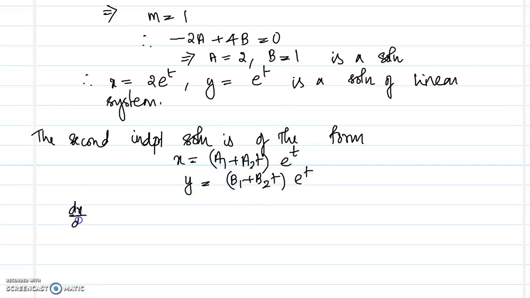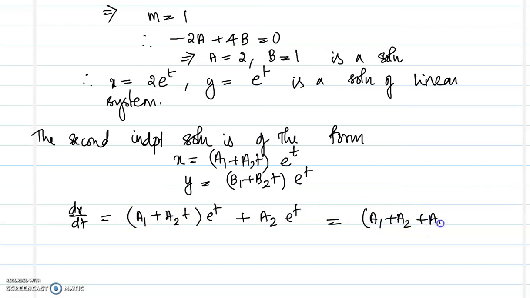So dx by dt will be, using the product rule, a1 plus a2t e raised to t plus a2 e raised to t. So that will be a1 plus a2 plus a2t e raised to t.